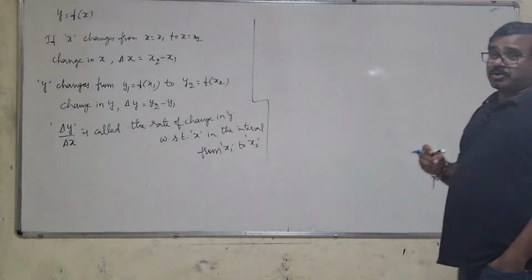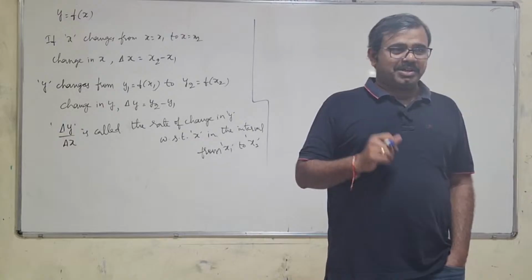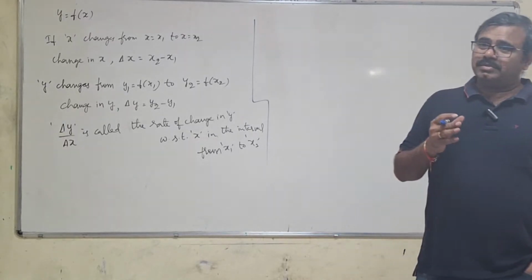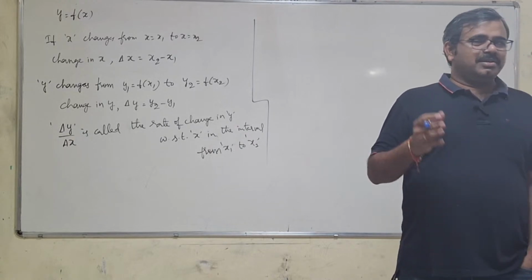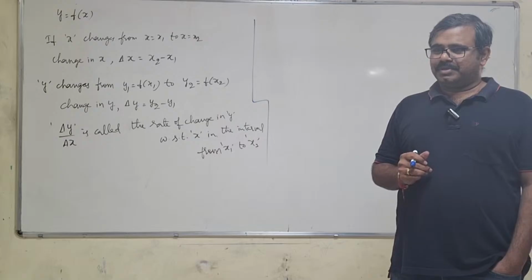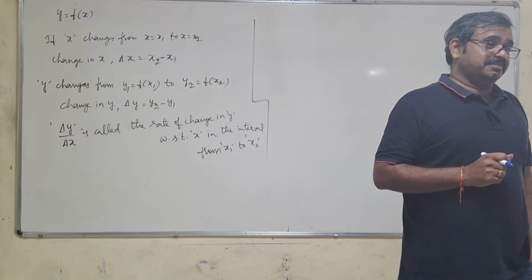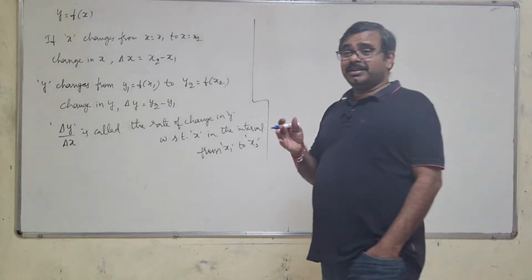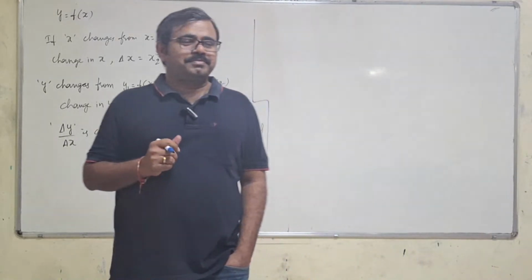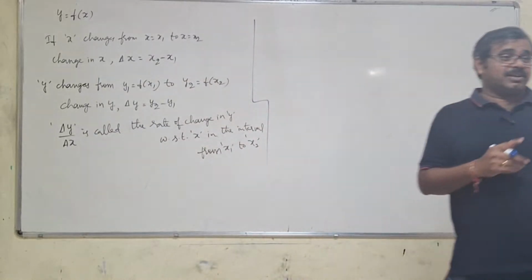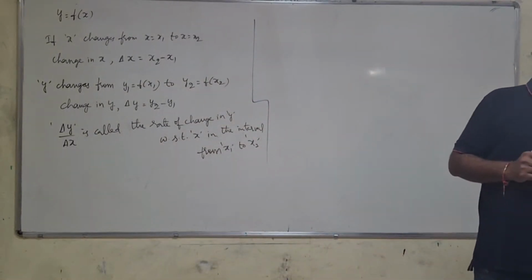Displacement traveled by a body in how much time? Unit time. We can also say that velocity is the rate of change in displacement. Yes. How is acceleration defined? The rate of change in velocity. What does it mean? Change in velocity in how much time? Unit time.